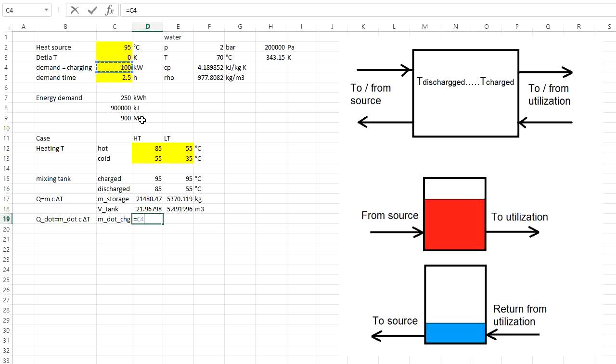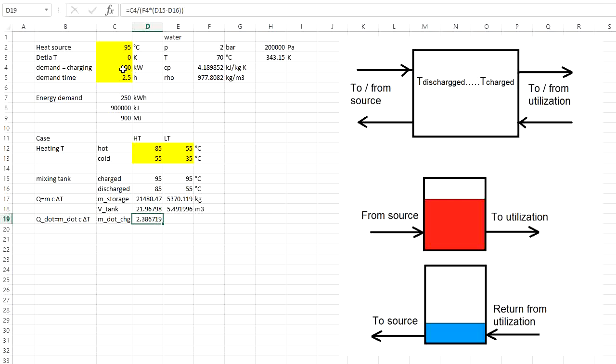So it is the charging power, 100 kilowatts, divided by Cp times temperature difference of the charged tank and discharged tank, and we get 2.4 kilograms per second.